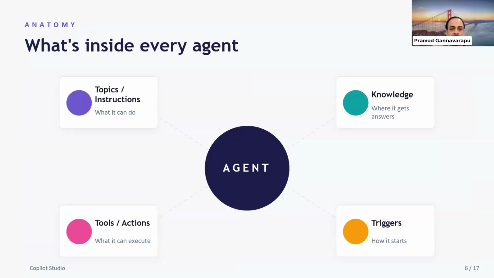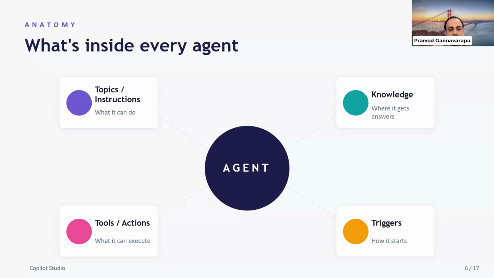So what does a Copilot Studio agent contain? Every agent contains topics and instructions. Topics I'll show you later, and instructions define how the agent is going to behave. Knowledge is your SharePoint library, or your Word or PDF documents that you want the agent to answer from.